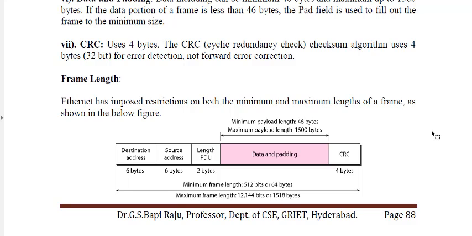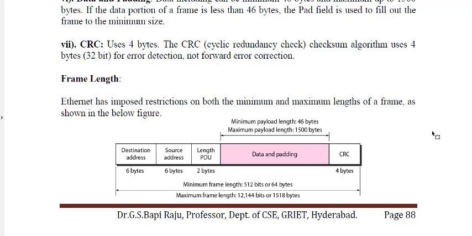Then you have to add some unnecessary bits, which is nothing but padding bits. So for example, if your data is 43, but the minimum payload length is 46, that means there is a shortage of 3. The 3 bytes you are adding are called padding bits, and you always have to maintain 46 mandatory. So whenever your data is less, then only the padding comes into the picture.